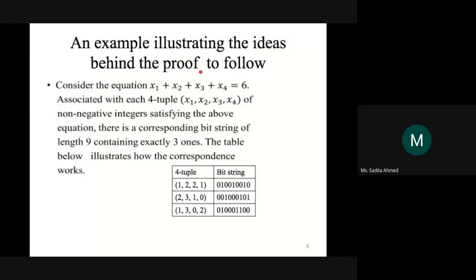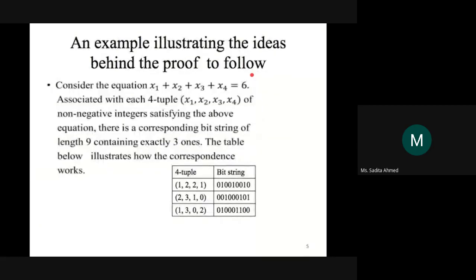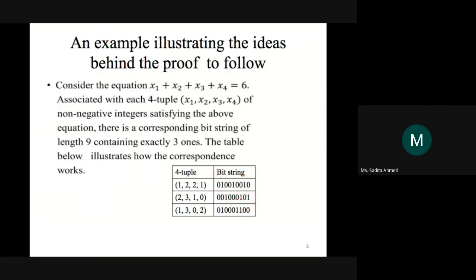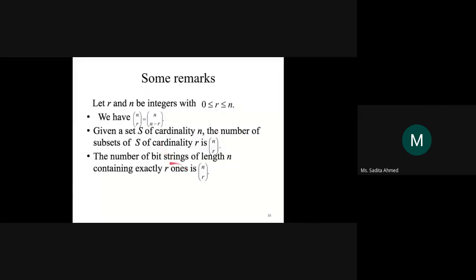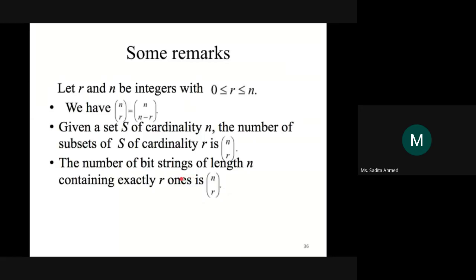So basically, to count all possible non-negative integer solutions to this equation, first we established an association between the non-negative integer solutions and bit strings. And then, since we already know how to count bit strings that contain exactly a certain number of ones, we applied this idea there. Okay, you see how we did that.